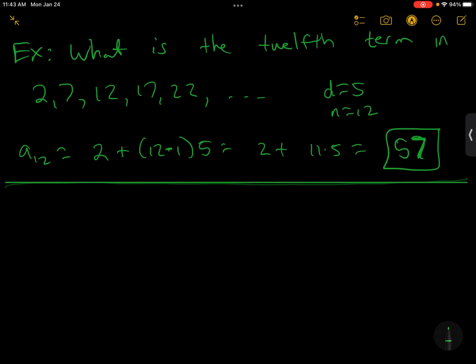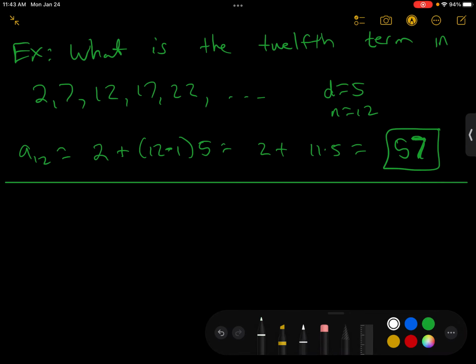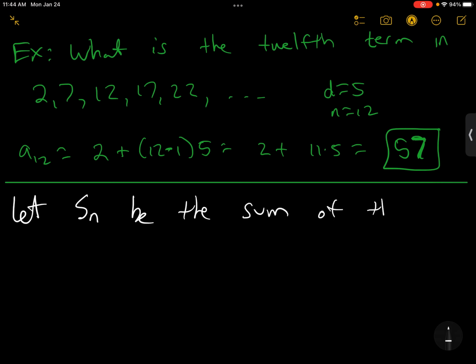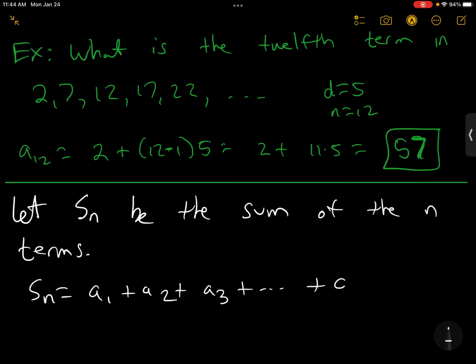So continuing on with sequences, let me go back to white. So we let the term S sub n be the sum of the first n terms. Just so we're clear, Sn is going to be A1 plus A2 plus A3 plus up to An.